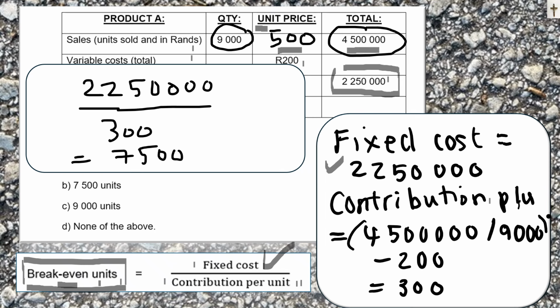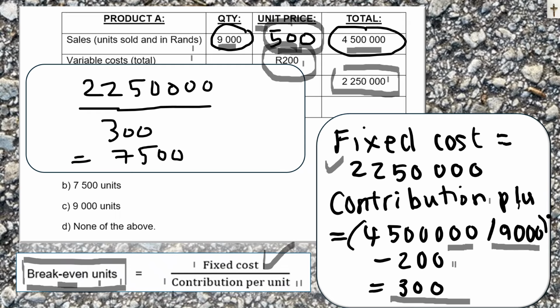I said 4.5 million, which is the rand value of the sales, divided by the number of units sold, would equal 500. Then I take off the variable cost per unit of 200, which was given. So 500 minus 200 is equal to 300.